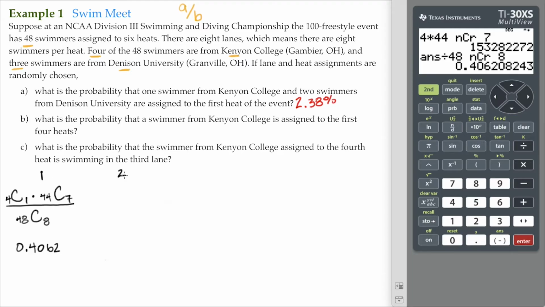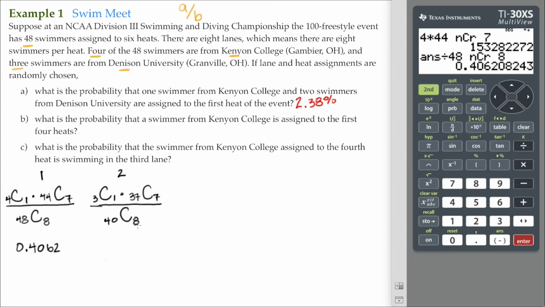Heat 2. For my sample space, now don't forget, we already had 8 swimmers swim in the first heat. I have fewer swimmers, so this is going to be 40 choose 8. I already had a Kenyon College swimmer in the first heat. I'm going to have fewer Kenyon College swimmers, so this is going to be 3 choose 1. And of course, I have fewer swimmers to fill all the other lanes. This is going to be 37 choose 7. And again, 3 and 37, that's 40.